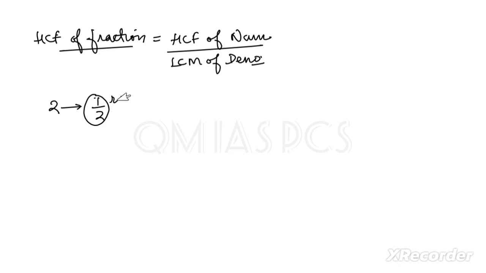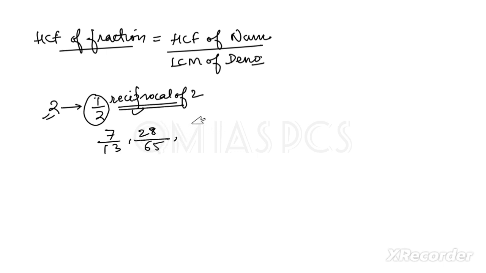A few terms I am giving you, just remember this and note it down: reciprocal. It's a very basic thing; whatever I'm getting in my mind, I'm telling you, so just remember these topics. So this is the reciprocal of 2. Fine. Now HCF of fraction is HCF of numerator and LCM of denominator. For example, 7 by 13, 28 by 65, 35 by 39 and 63 by 52.